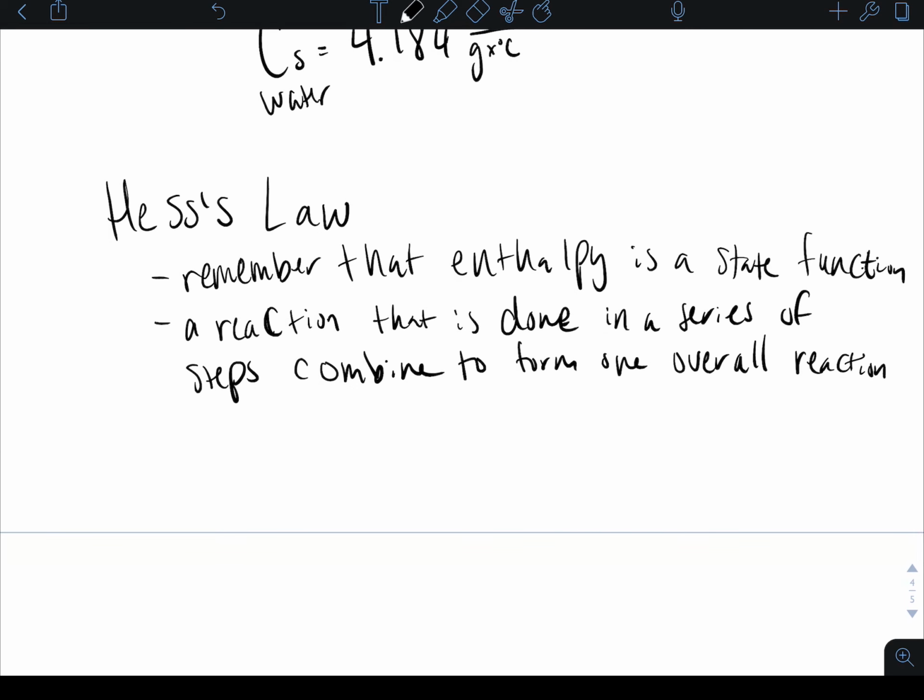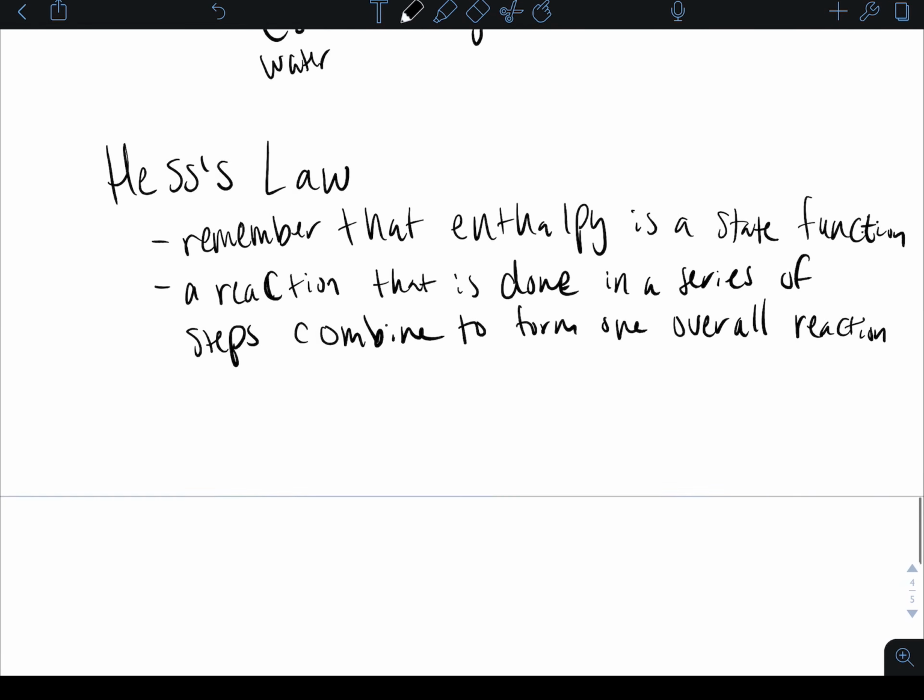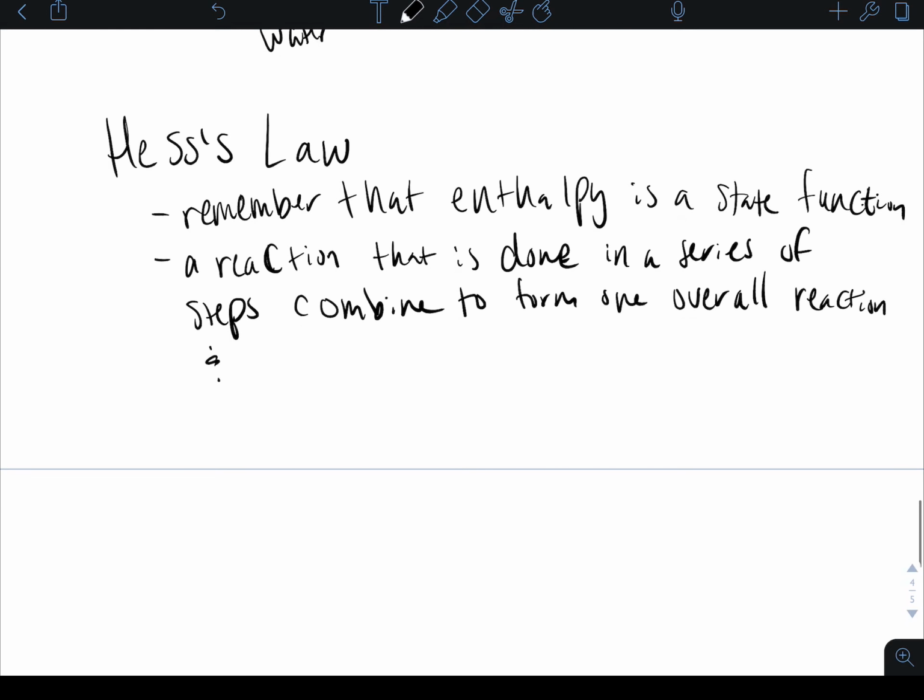And we combine the reactions themselves to get an overall reaction, just like we did when we were looking at balancing redox reactions. We combine those reactions and we get an overall reaction, but we also combine our enthalpies.